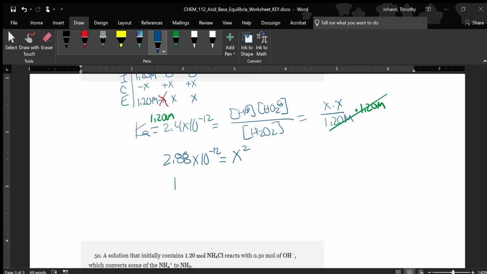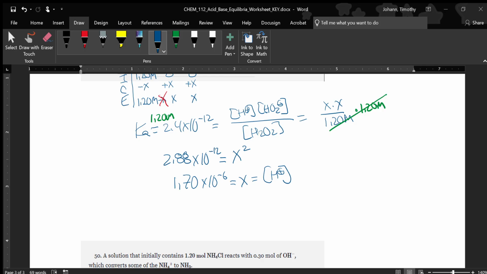That's going to be 1.70 times 10 to the, was that 6? I forgot already. 1, 2, 3, 4, 5, 6. It is 6. 10 to the negative 6th is equal to x. x is equal to my H plus concentration.